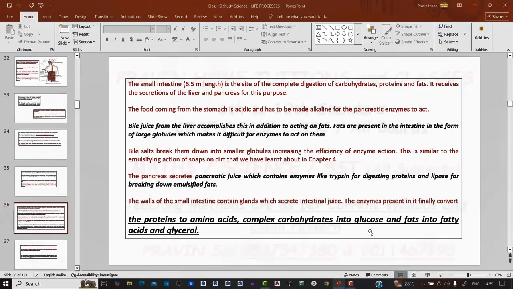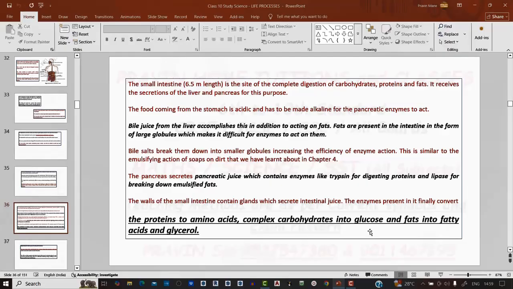Then the pancreas secretes pancreatic juice which contains enzymes like trypsin and lipase for breaking down fats.